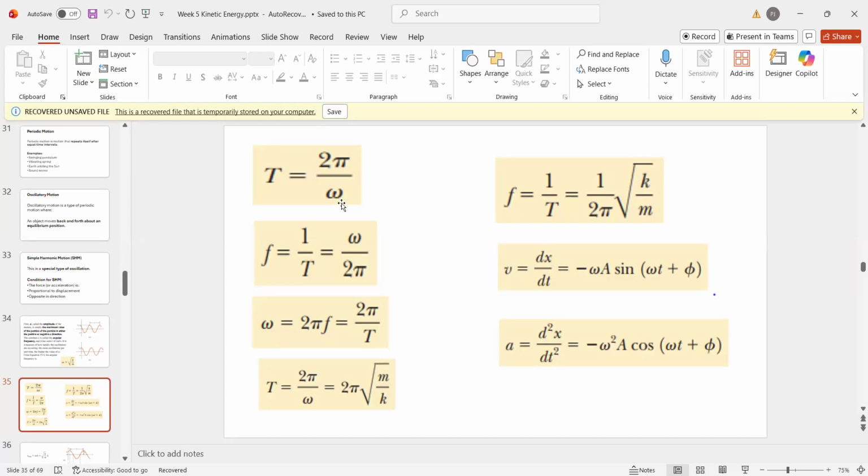So what is your t? You are able to replace the f with 1 over t. So this will go up, and this one will come down. You have omega is equal to 2 pi f, and then this f will be replaced, because f is 1 over t.